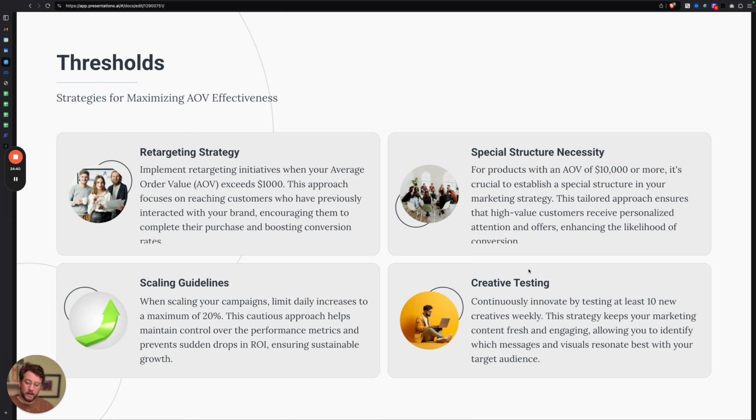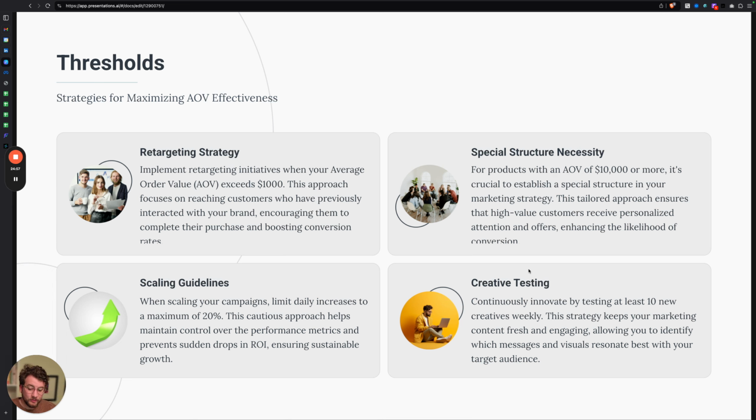That would be a great stack to use if you are a high AOV brand that is looking to do some retargeting. For reactivation, you're looking at 180-day purchasers. You're looking at a CSV file of purchasers as well to get them back in, okay? And again, I mentioned all that in a bit more detail.